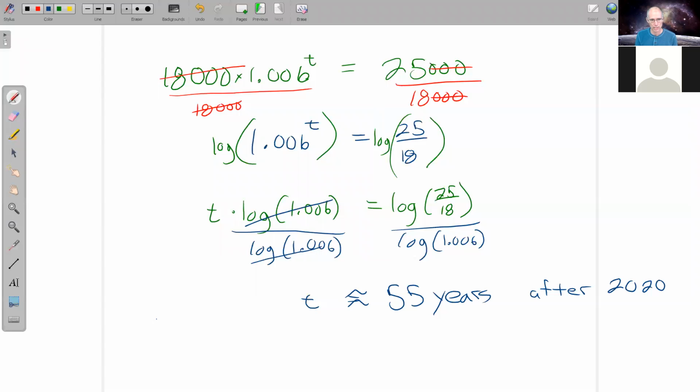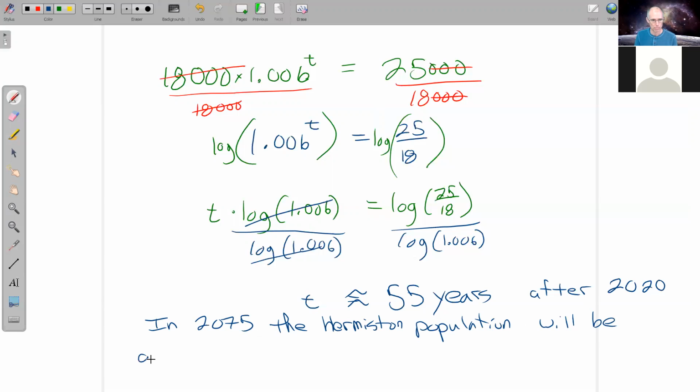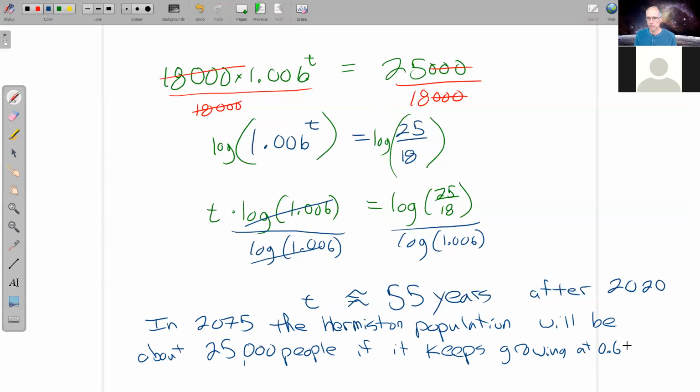So we think that in 2075, 55 plus 2020, Hermiston population will be about 25,000 people if it keeps growing at the same rate, and I could state the rate, if it keeps growing at 0.6% per year, which is what I started off with, my assumption. That's a reasonable sentence describing that answer.